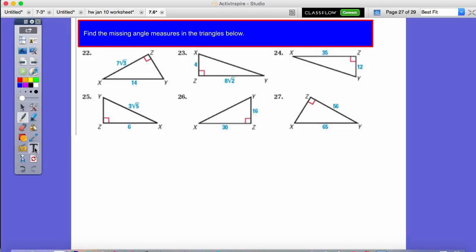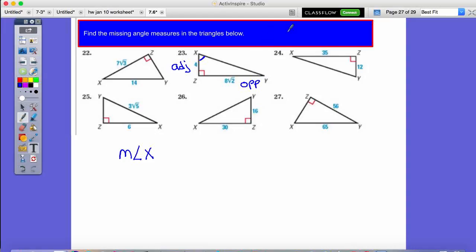Okay, now for 23. I do not have a hypotenuse here. I have 2 legs. So first I'm going to find the measure of angle X. For angle X, 4 is the leg that is adjacent to angle X. That's what I'm finding right here. And 8 square root of 2 is opposite.